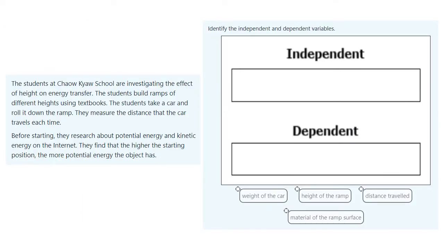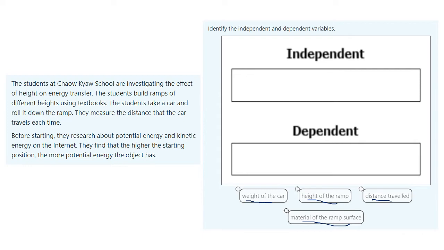Now, for the second question, we're asked to identify the independent and the dependent variables. We have the weight of the car, the height of the ramp, the distance traveled, and the material of the ramp surface. Well, remember, independent is something that the person doing the experiment is choosing, something they are changing, something that will be different.